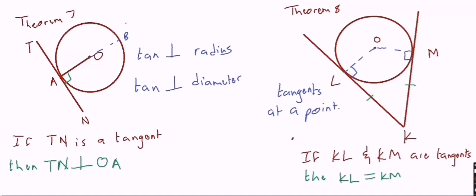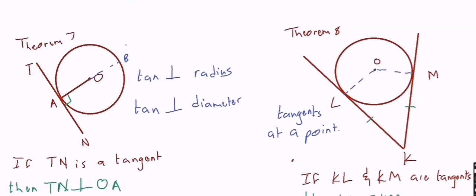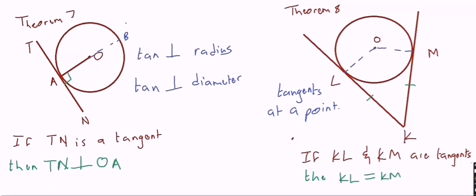We've already proven that L is 90, M is 90. 90 plus 90 is 180. So since the opposite angles are supplementary, then it means OLKM is a cyclic quad. But that is not what we are doing here now. I was just showing you something, okay? I'm not saying we are proving anything yet. So that was our theorem 8.